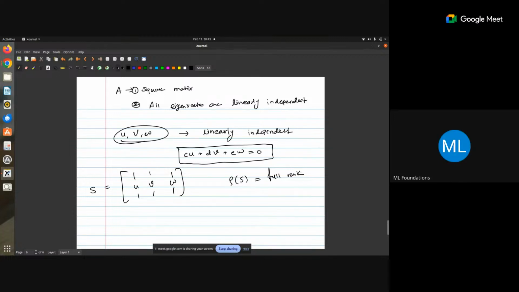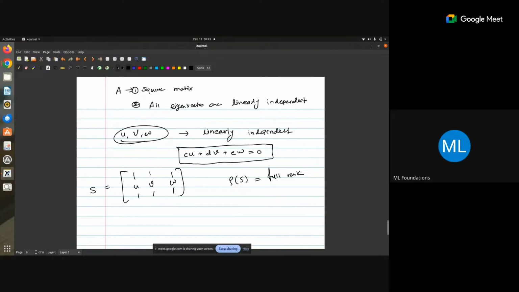But again, what we are saying is that if you have distinct eigenvalues, then the eigenvectors corresponding to those distinct eigenvalues are linearly independent to each other. But if you have repeated eigenvalues, the matrix A might or might not have linearly independent eigenvectors.